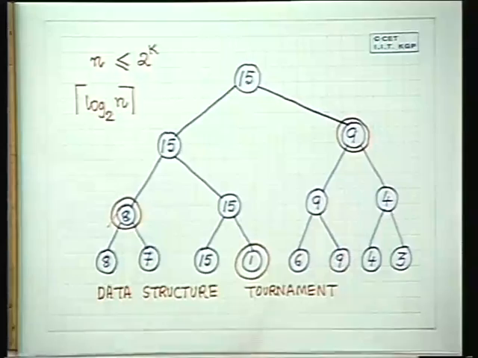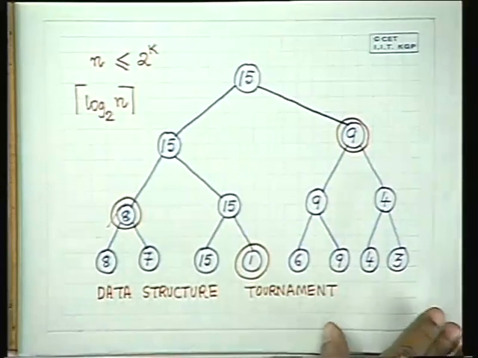So the question is, this is the data structure which we have in mind. The next phase is, how do we implement it? So we come to the next question, how to implement a tournament structure.